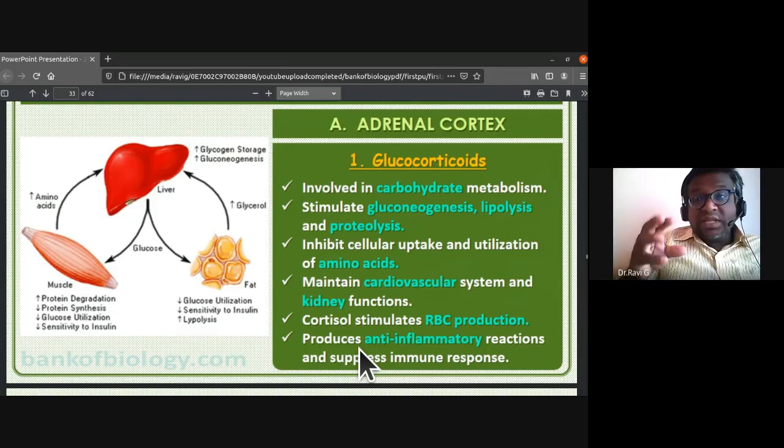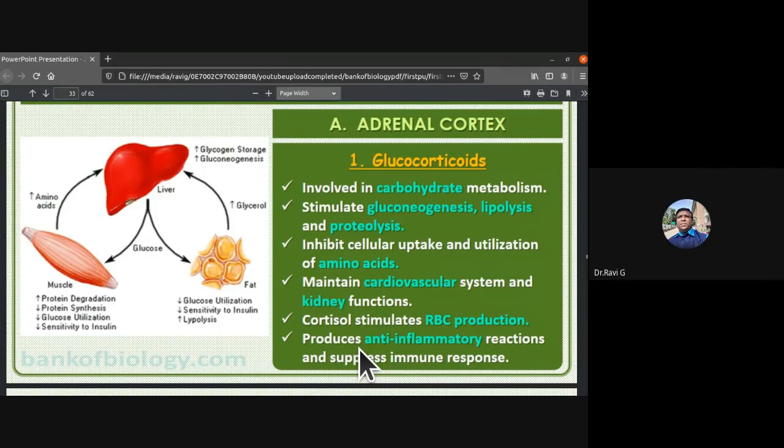All these might be asked in your NEET or CET examination. The glucocorticoids stimulate gluconeogenesis, lipolysis, proteolysis, all of these. So what would be the answer here? It would be all of these.